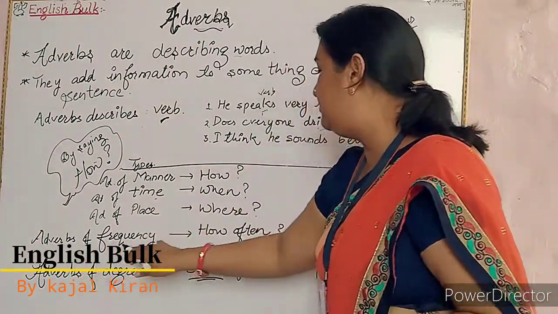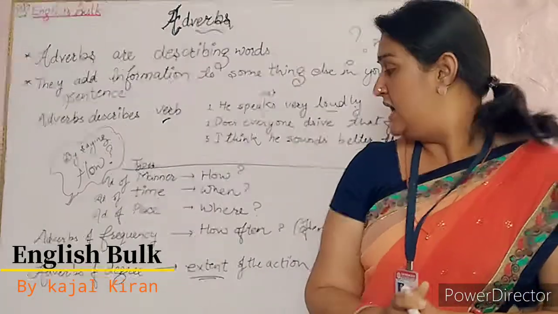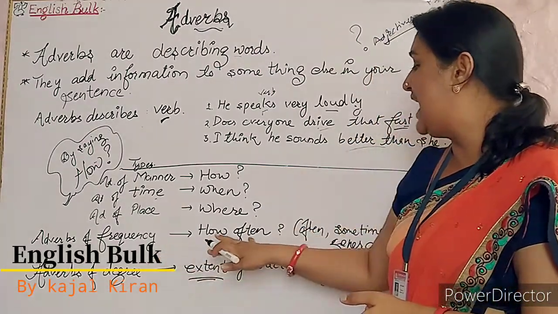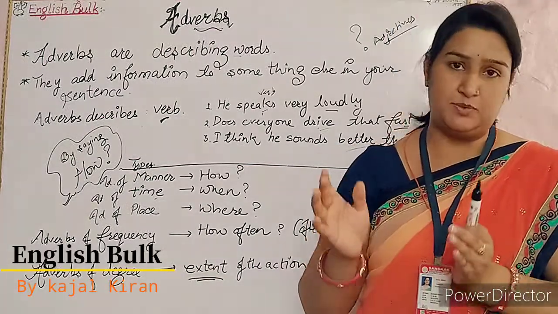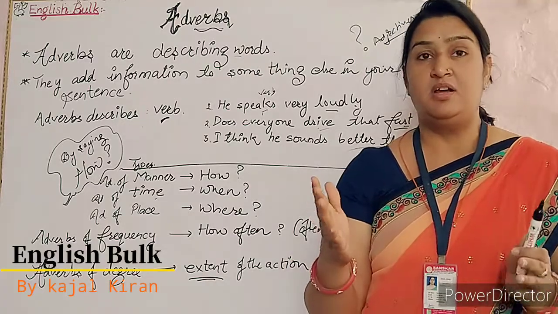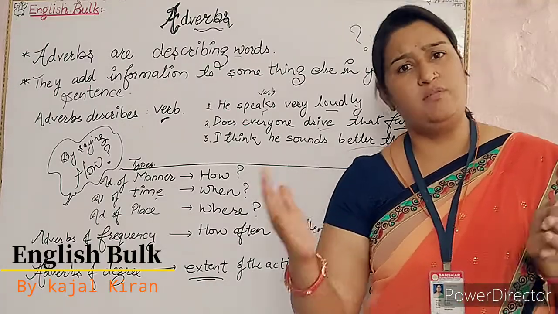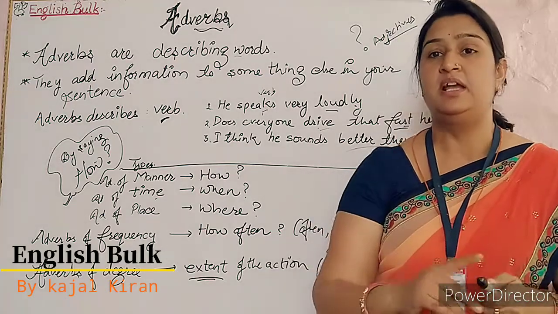Adverbs of frequency. Now, it's a new thing for you children, I think, of standard 5. Adverbs of frequency tell us how often, and there are some specific words that denote the adverbs of frequency, and they are always, often, sometimes, never, rarely, seldom. These are the words that describe the frequency.